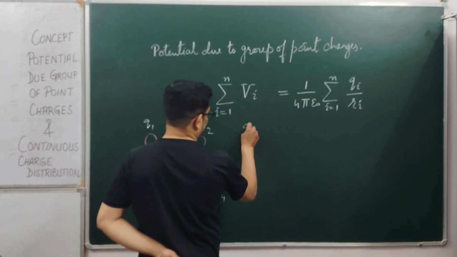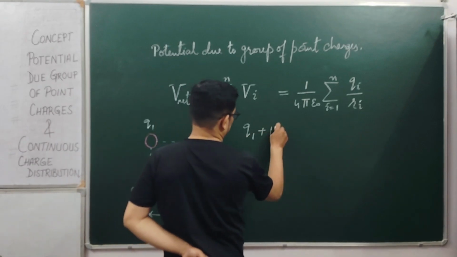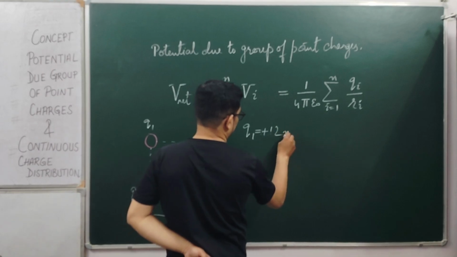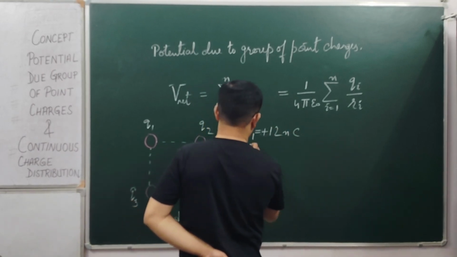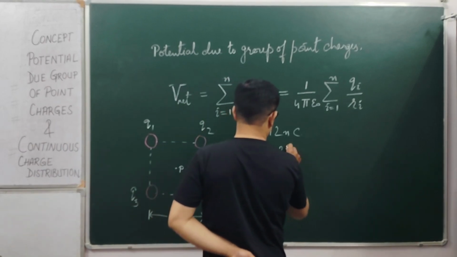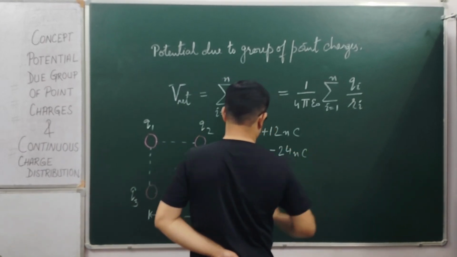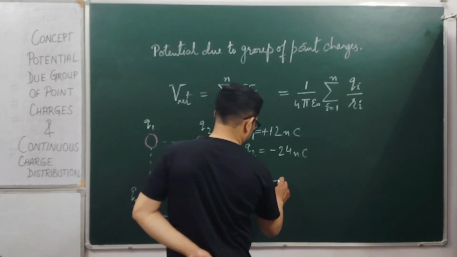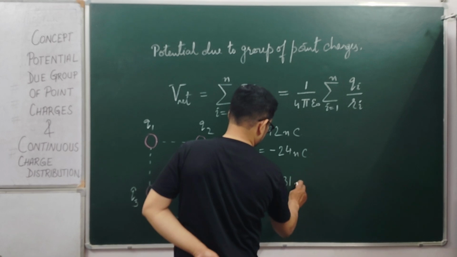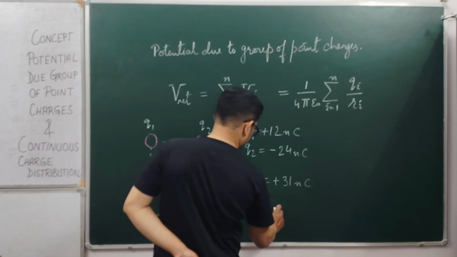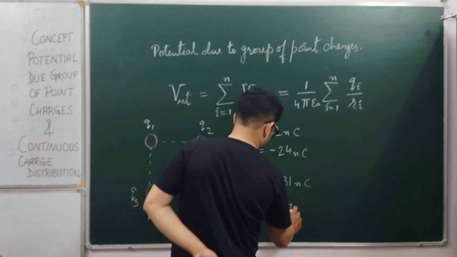Suppose Q1 we take as positive 12 nanocoulomb. We take Q2 to be minus 24 nanocoulomb. Suppose we take Q3 to be positive 31 nanocoulomb, and Q4 to be positive 17 nanocoulomb.